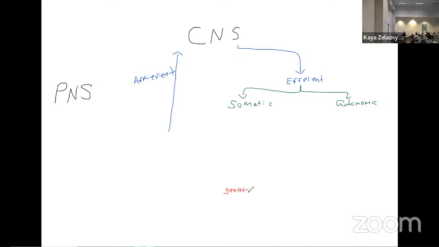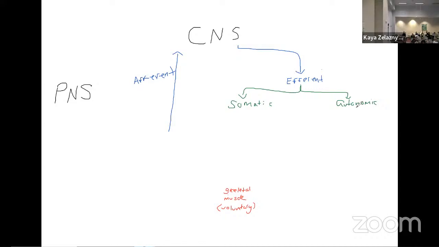So, okay. So we're going to notice that what's particularly true about the somatic nervous system is that this is going to be something that's under your control. This is voluntary. So any named muscle, we're getting there through our somatic nervous system.